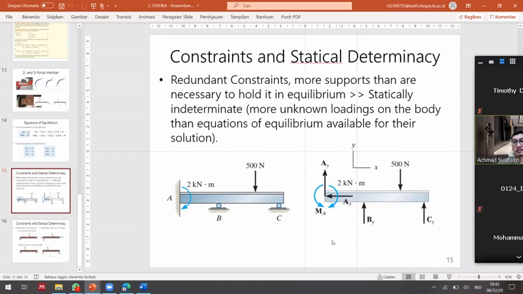It means that this structure has redundant constraints, too many supports. So we call this an indeterminate structure because of too many constraints.